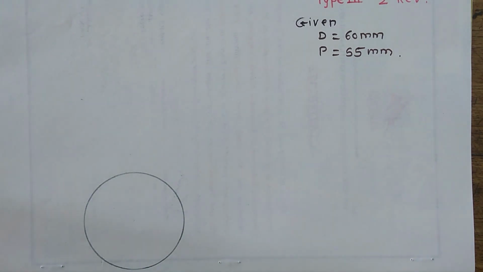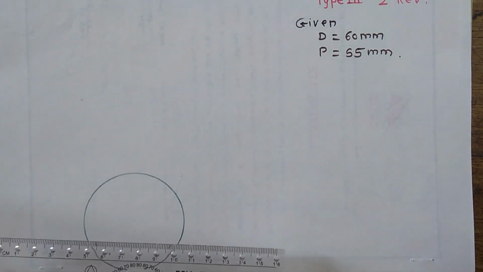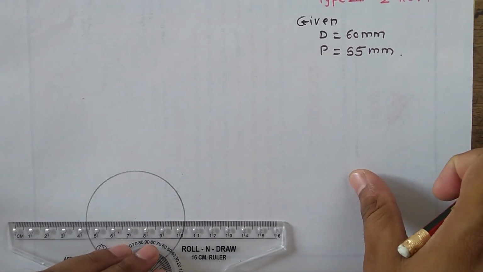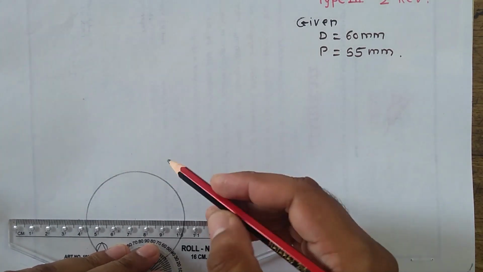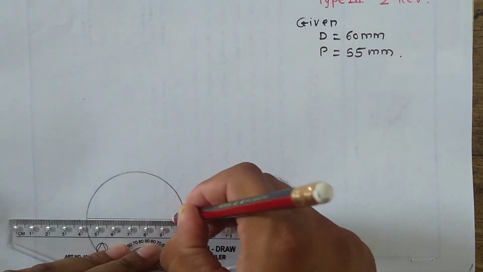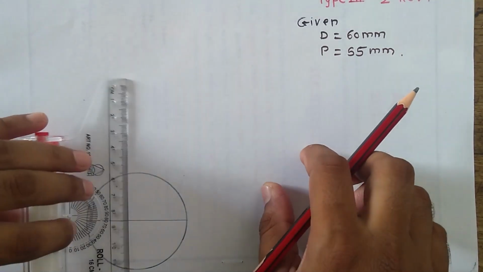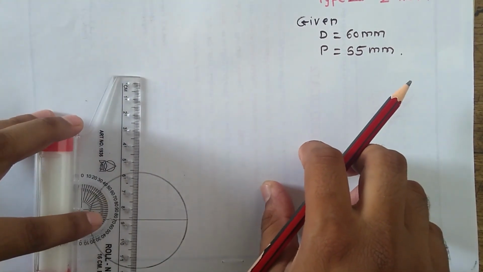Okay, so then we have to divide this circle into equal parts, so that will be 8 or 12, depends. So here I will divide that circle into 8 parts.